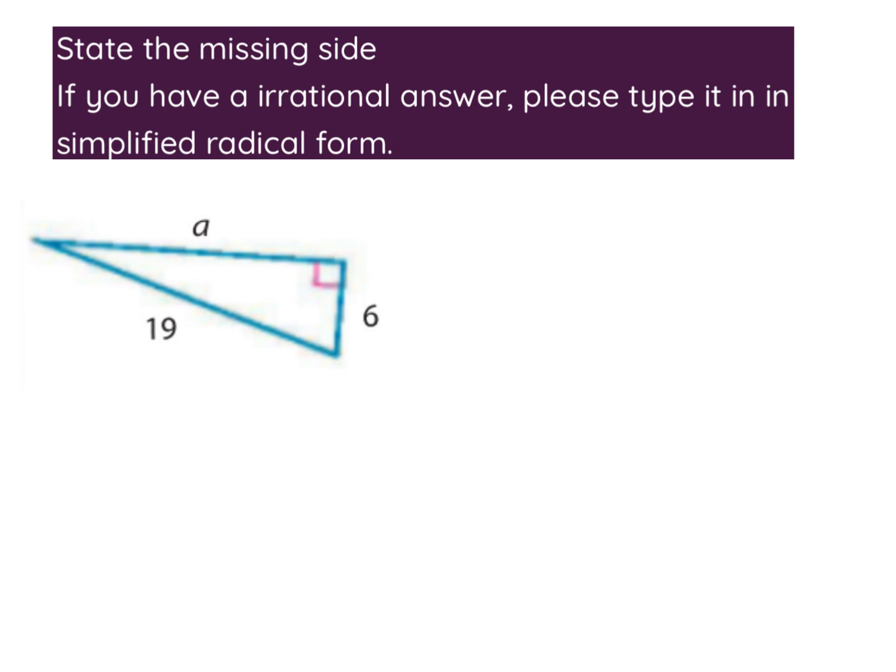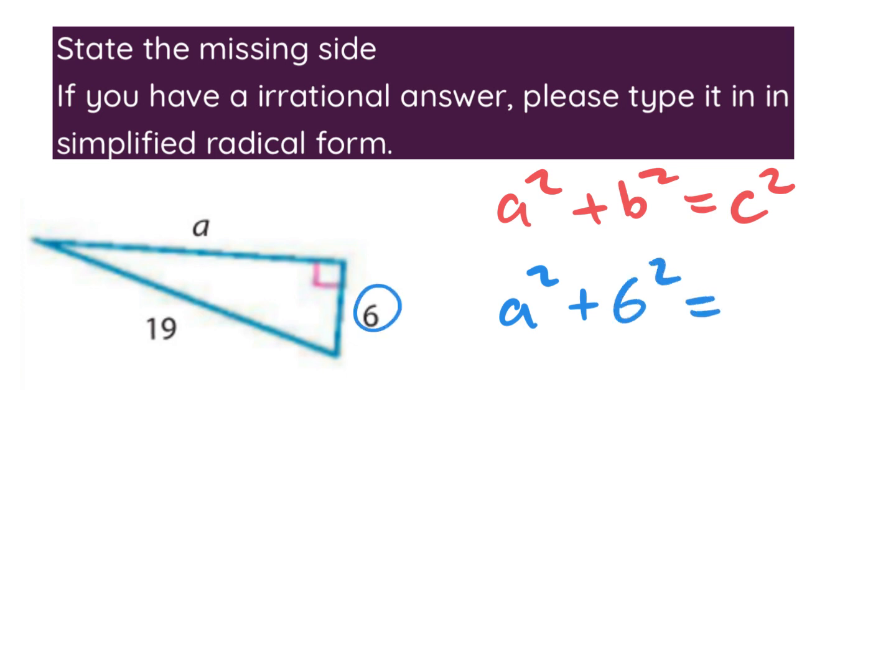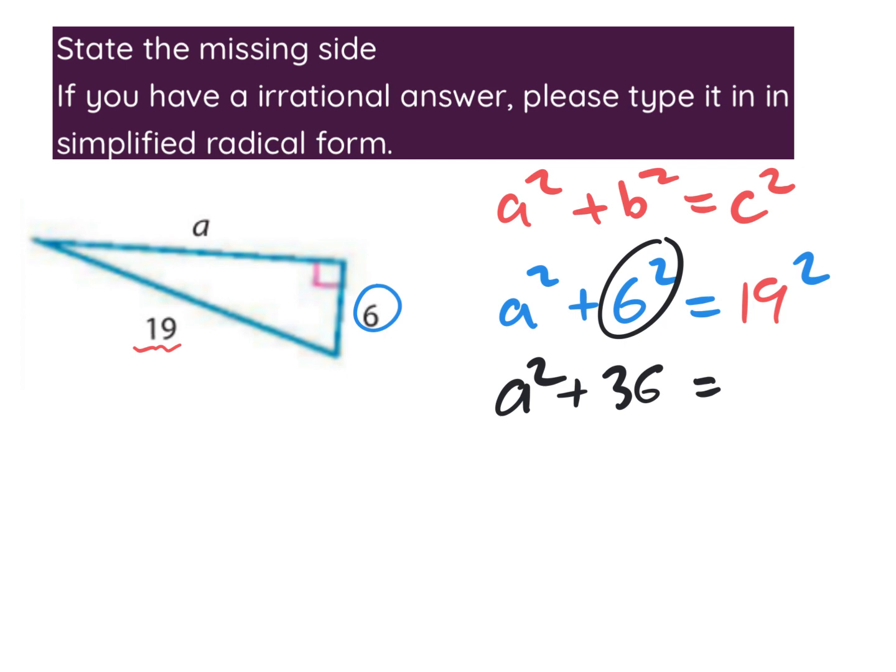Let's do another. How am I going to set this up? Again, same deal. a squared plus b squared equals c squared. a is a. b is 6 squared. Plus c, which is 19 squared. Okay? And let's do the math. We could do this in our heads. That's 36. So you have a squared plus 36 equals 19 squared.